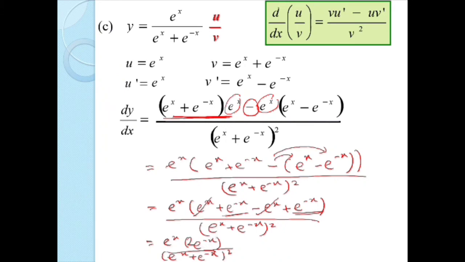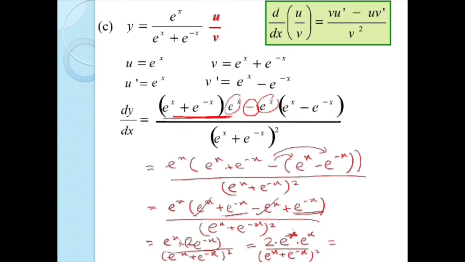You cannot leave your answer like this because it's not in the simplified form, because we have e power of x in front and e power negative x in the bracket. So let me try to open the bracket, and what you get is e power negative x multiplied with e power of x.